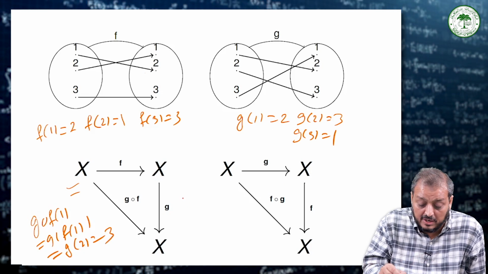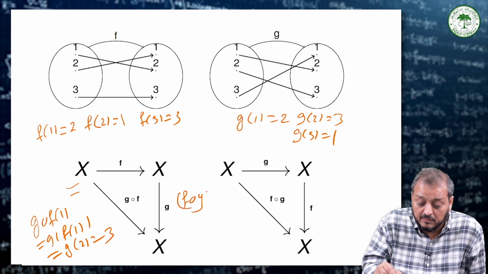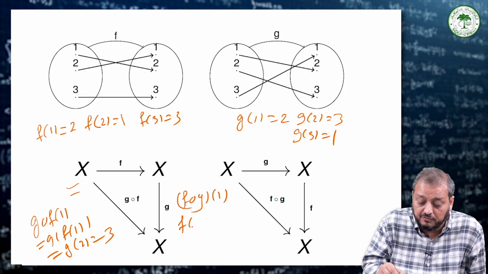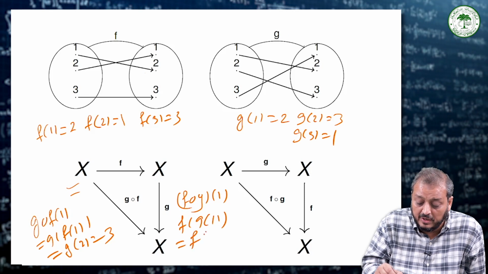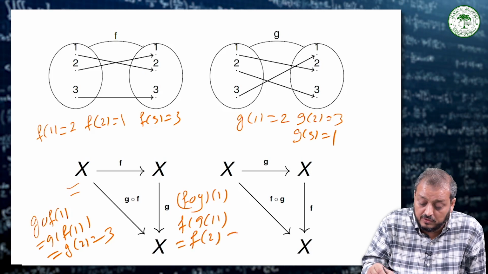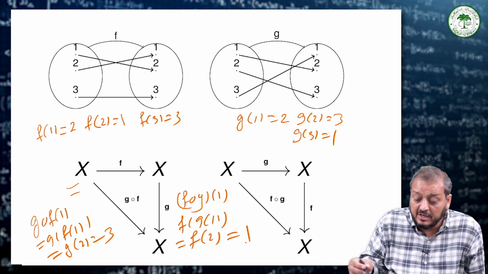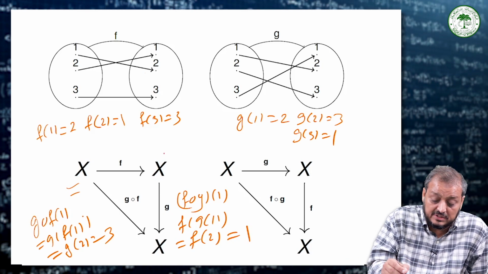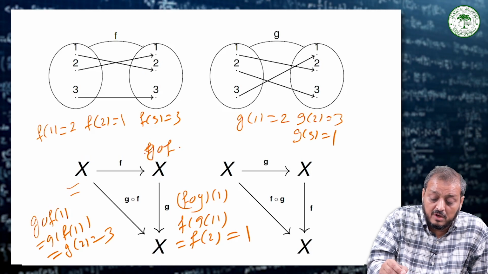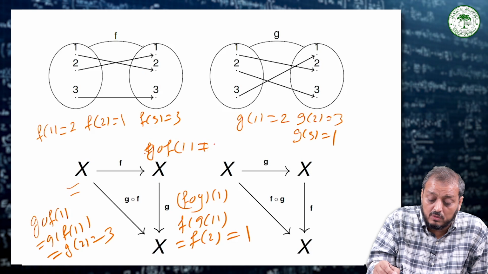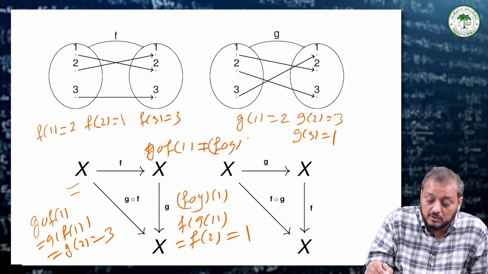Now, we calculate f composition g over 1: f of g of 1, and g of 1 is equal to 2, so f of 2 is equal to 1. So, we clearly see that g composition f over 1 is not equal to f composition g over 1.